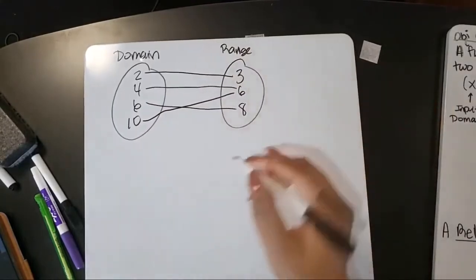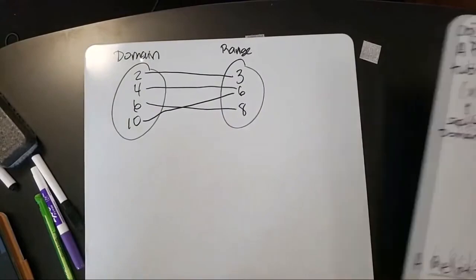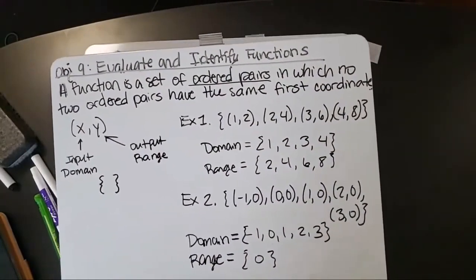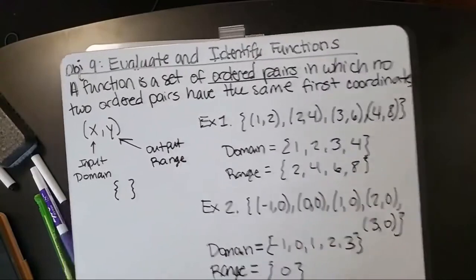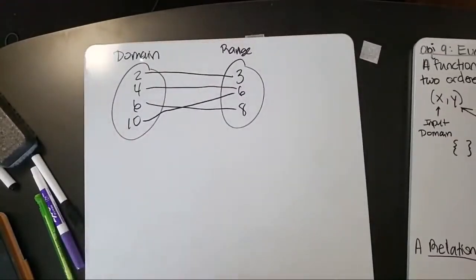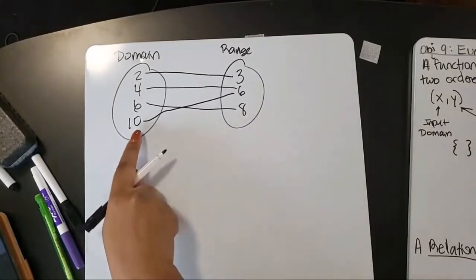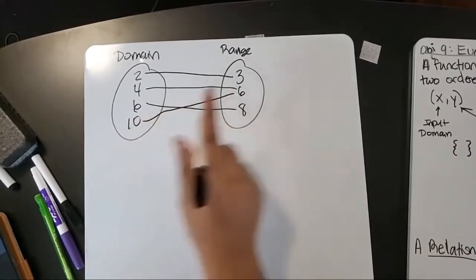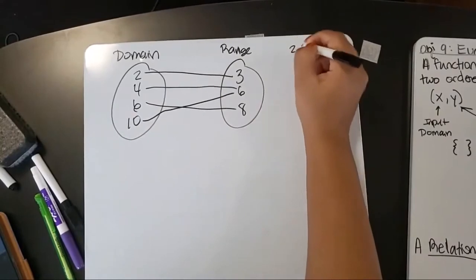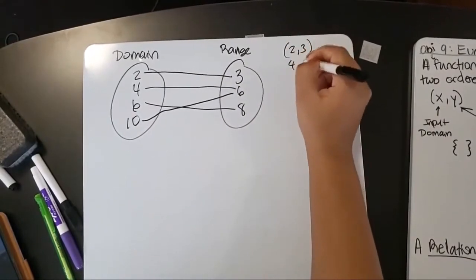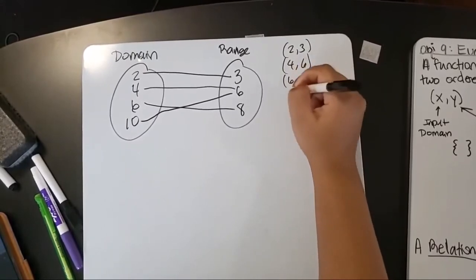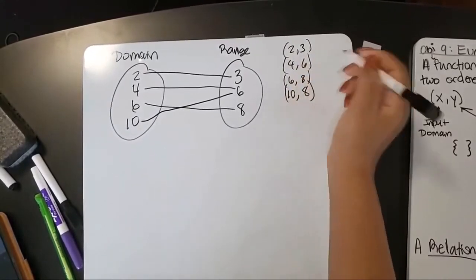Okay? So remember, a function is a set of ordered pairs in which no two ordered pairs have the same first coordinate. All right? So if we look at our domain, no two pairs have the same first coordinate, right? What do we got? 2, 3, 4, 6, 6, 8, and 10, 8.